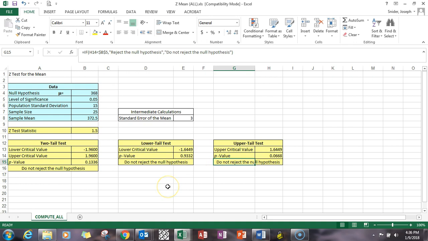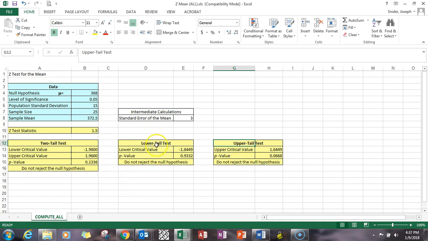the yellow sections. There are three sections: a two-tail test, meaning that you have two rejection regions, one on the left, one on the right. A lower tail test. This is for if you have an H1 that has a less than sign in it. And the upper tail test, if you have an H1 with a greater than sign in it, that's the area you would use.